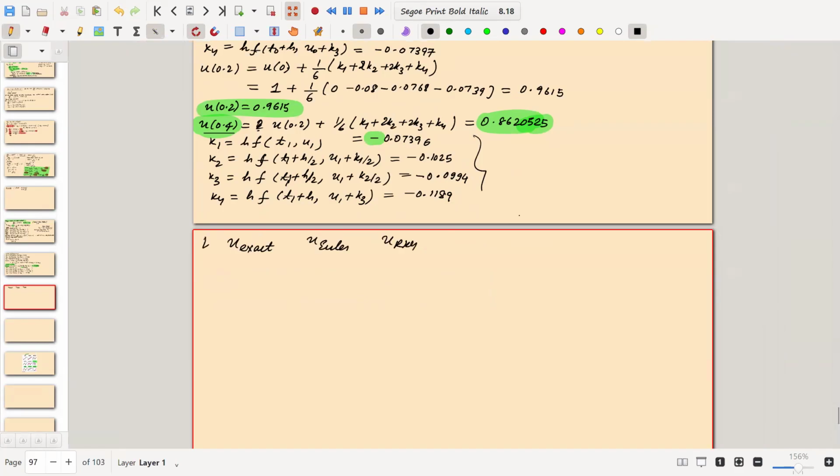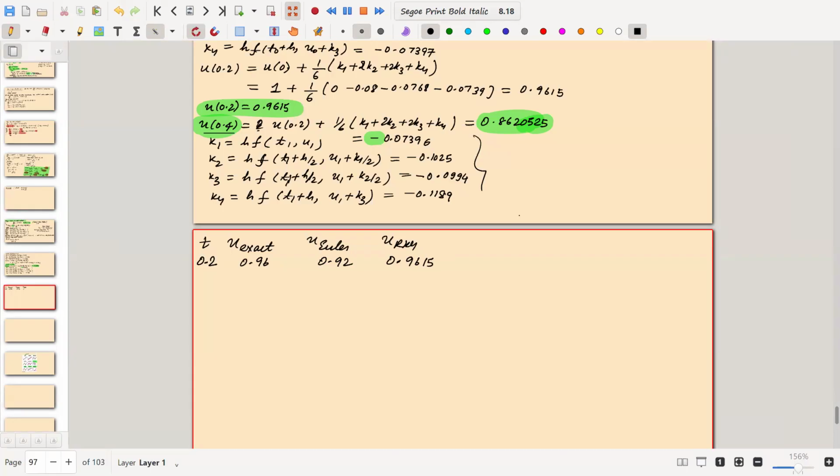This is t. So at t equal to 0.2, u exact is, I solved it, can you tell me? 0.96. And u Euler, u at 0.2, and u RK4.